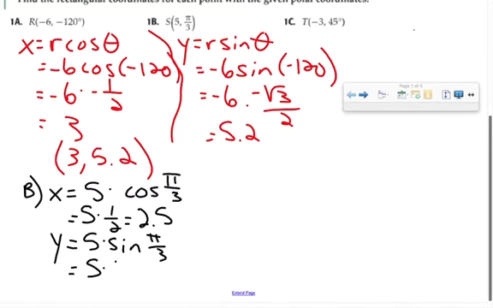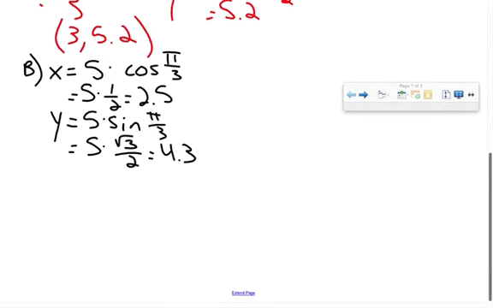So 5 times radical 3 over 2 is 4.3. So this point is 2.5, 4.3.